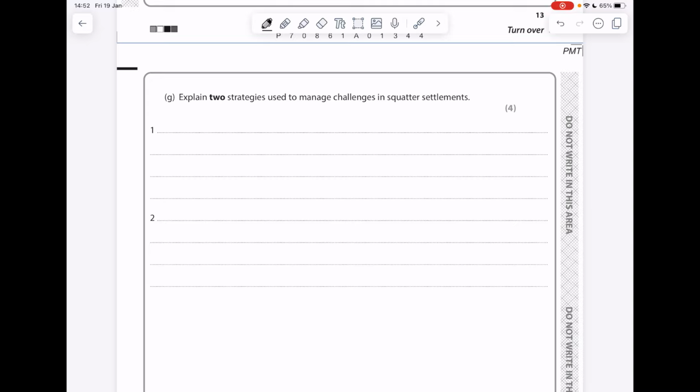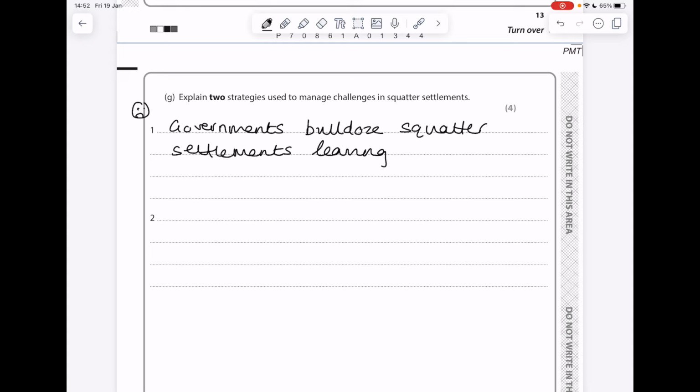So let's go in with the bad one first of all, which is governments bulldoze squatter settlements, leaving thousands of people homeless.